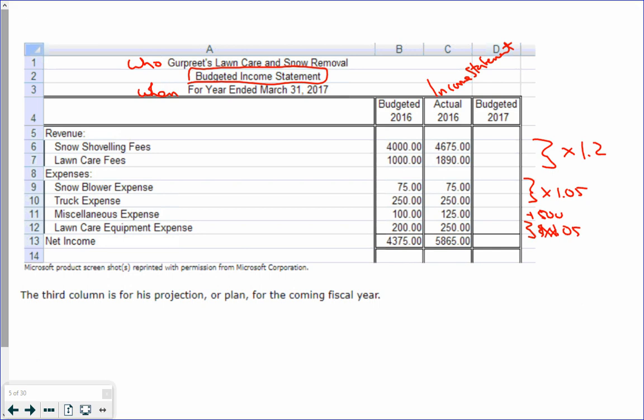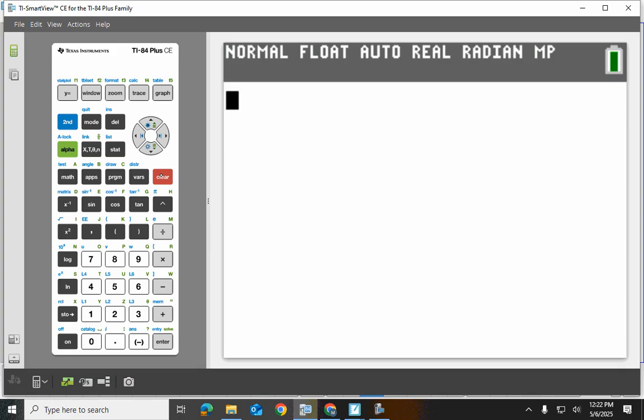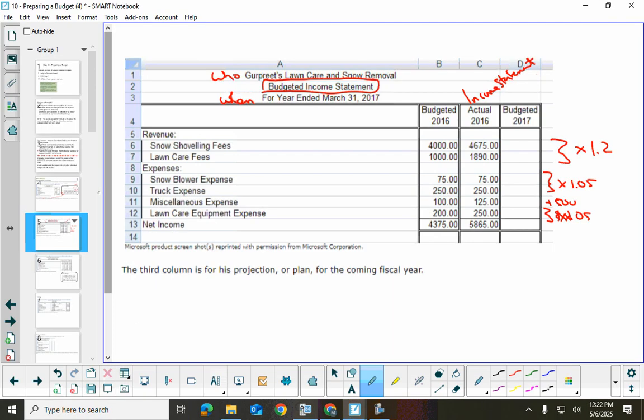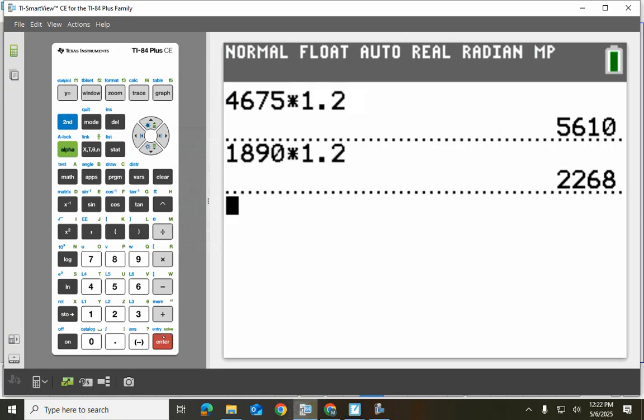Okay? So 46.75 times by 1.2. So 56.10. $18.90 times 1.2, $22.68.